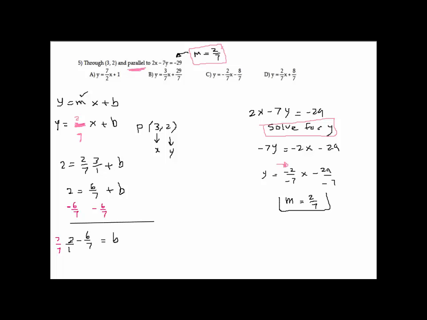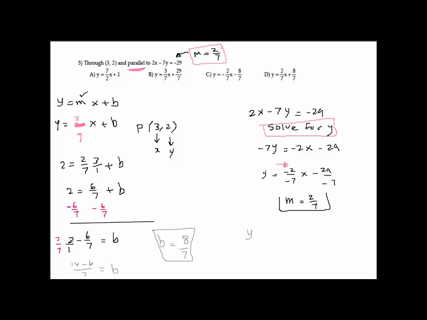So here we get 14 minus 6 over 7 is equal to b. What is b equal to? 8 over 7. All right, thank you. 8 over 7, yeah. There we have it.